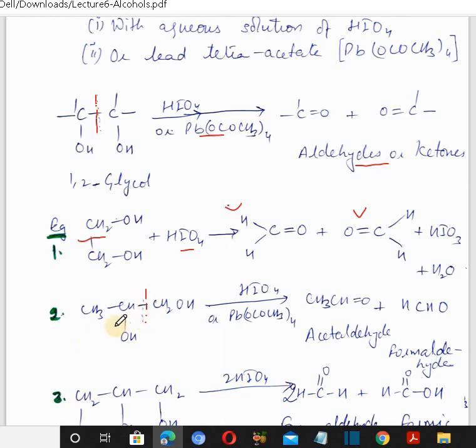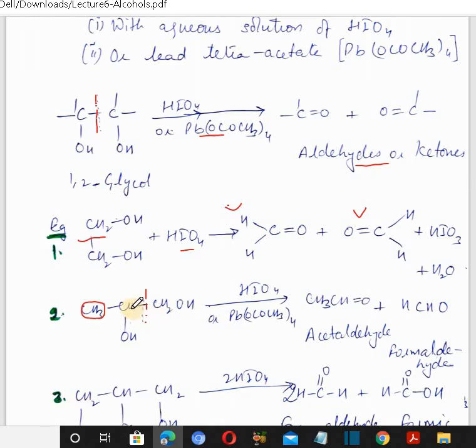Similarly, if we take another example, in this also, if we are treating this molecule with periodic acid or lead tetraacetate, this is actually glycol in which this carbon is attached to one alkyl group. So in this also, the carbon-carbon bond present between the OH groups attached to adjacent carbons only breaks.